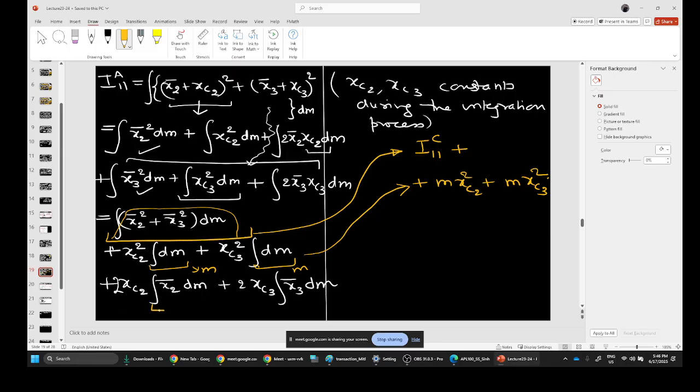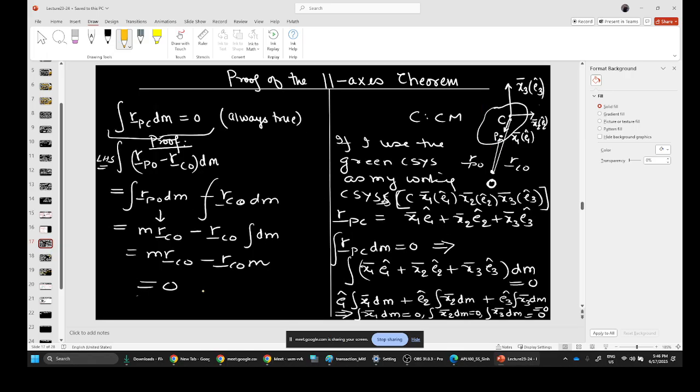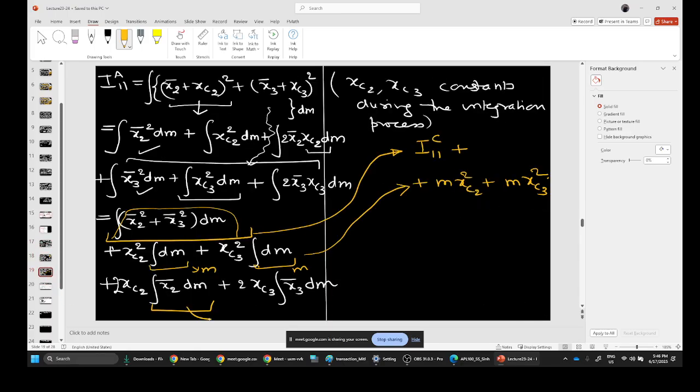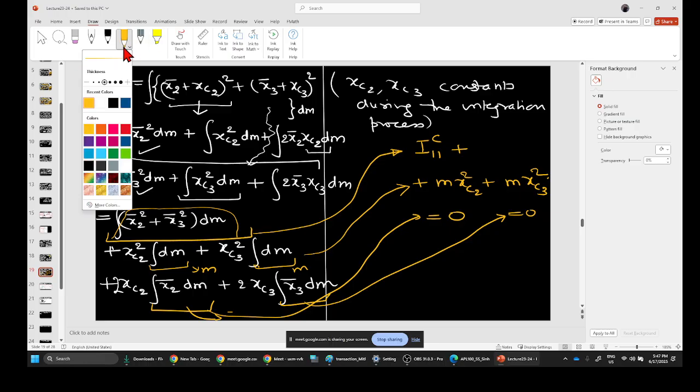Now look at this term. What is the fate of this term? Go back 2 slides before. What I said: integral of x1 dm is 0, integral of x1 bar dm is 0, integral of x2 bar dm is 0, integral of x3 bar dm is 0. We have already shown that. And that's why this is 0 and so is this term 0. What do we get?